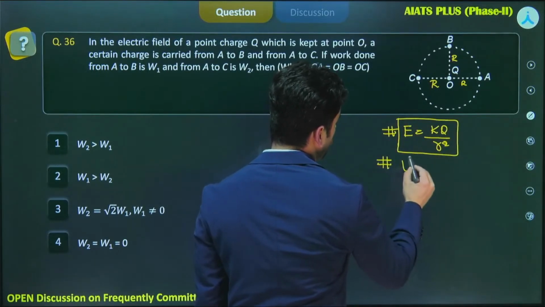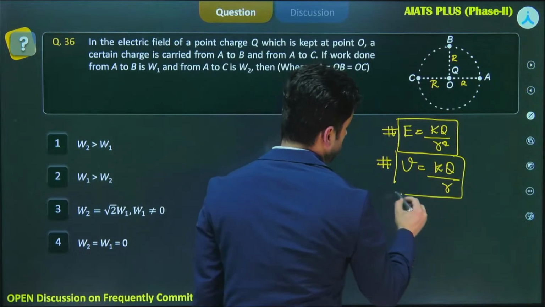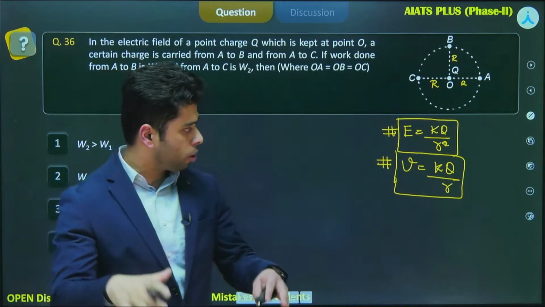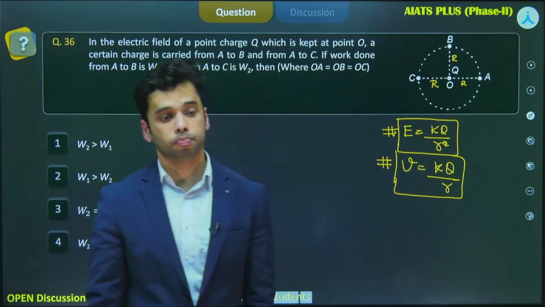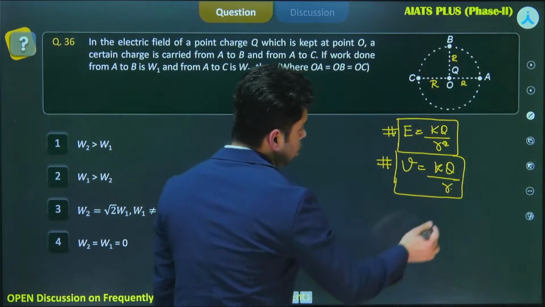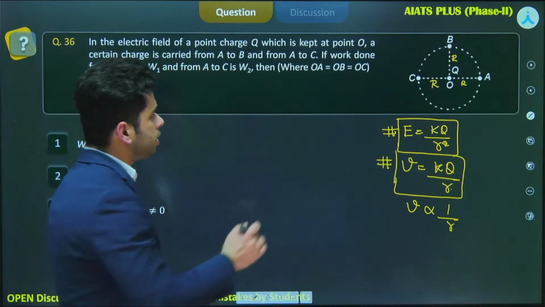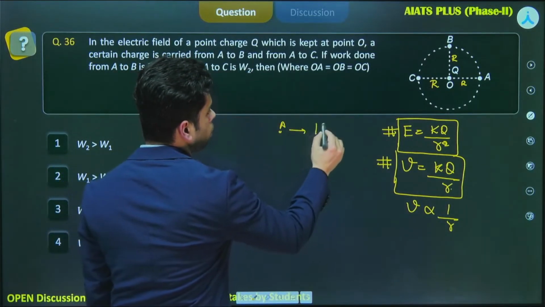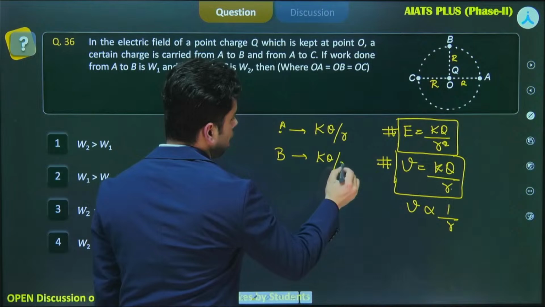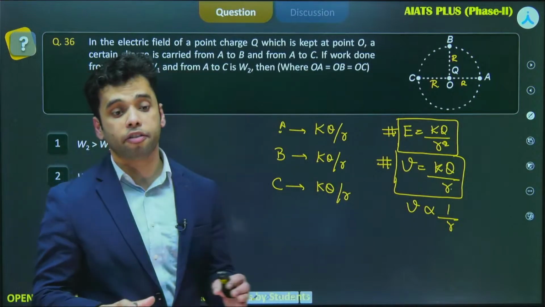And the potential due to a point charge is given by KQ by R. So the field in the problem that we are dealing with is the field of the point charge, and the potential varies with the distance in this manner. Now, at point A, the potential will be equal to KQ by R. At point B also, the potential will be equal to KQ by R. And at point C also, the potential will be equal to KQ by R. I'm talking about the electric potential.